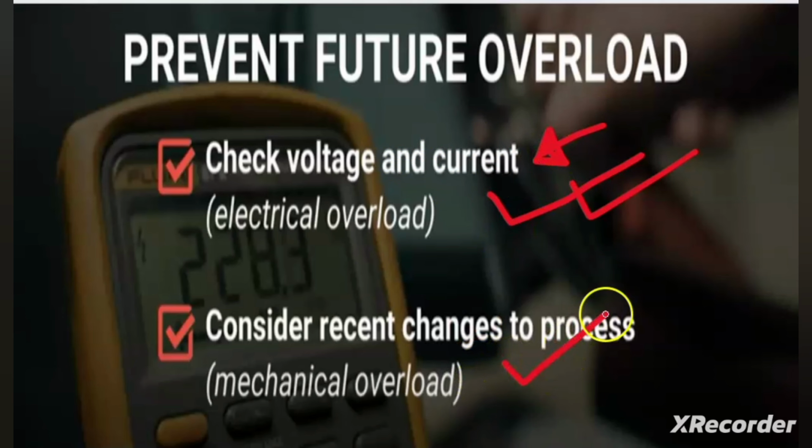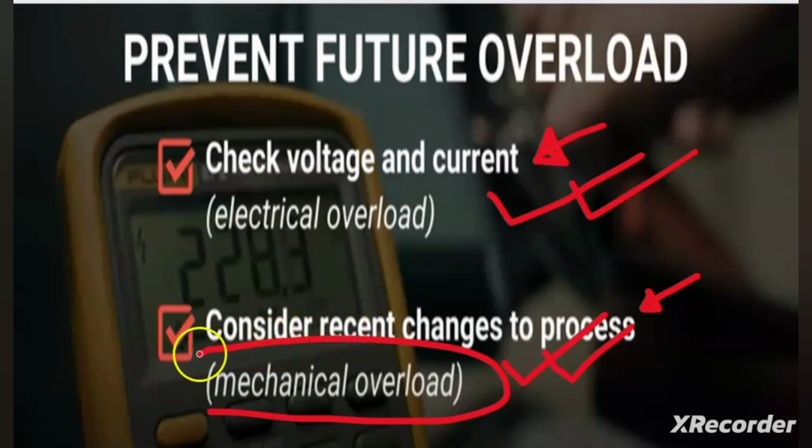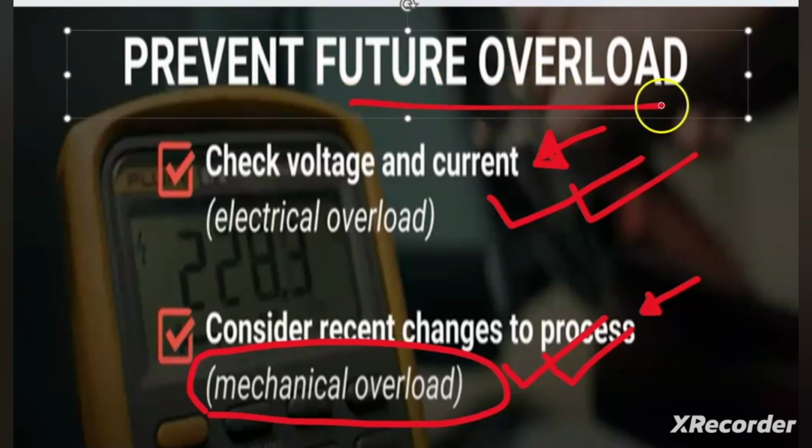The other thing, we have to observe the mechanical load connected with the motor. If there is a problem with the mechanical load connected with the motor, that could also become one reason for motor overloading. So we have to always keep an eye on the connected mechanical load of the motor in order to prevent future overload.